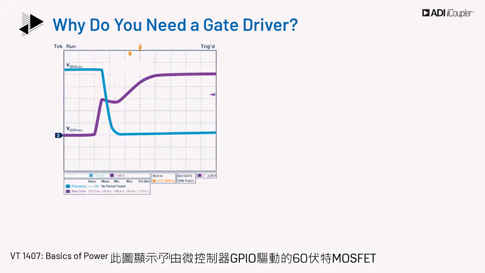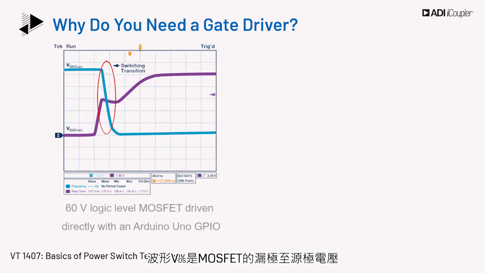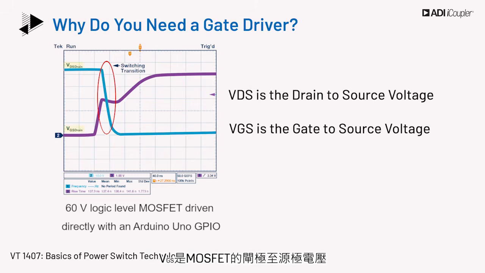This figure shows the switching transitions during the turn-on of a 60-volt MOSFET when driven by a microcontroller GPIO. The waveform VDS is the drain to source voltage of the MOSFET, and VGS is the gate to source voltage of the MOSFET.